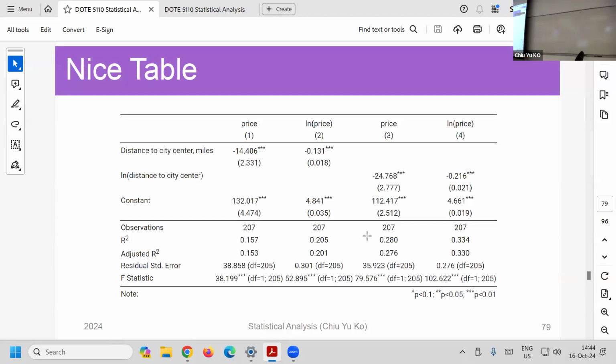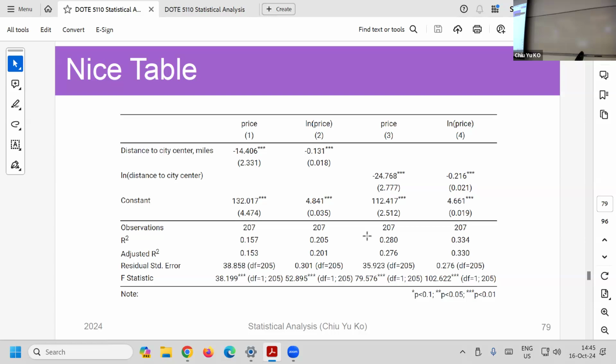Look at the R square. When you take level, the R square is 15% explained. When you take log distance, log level, it's 20%. When you take level log, it's 28%.